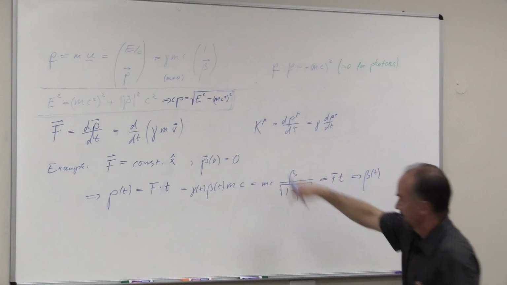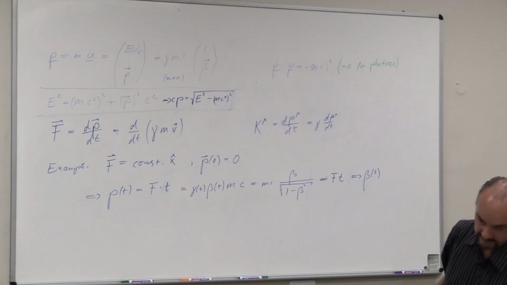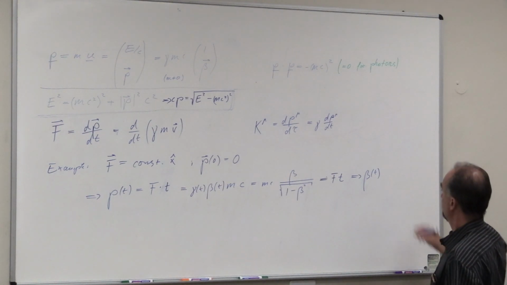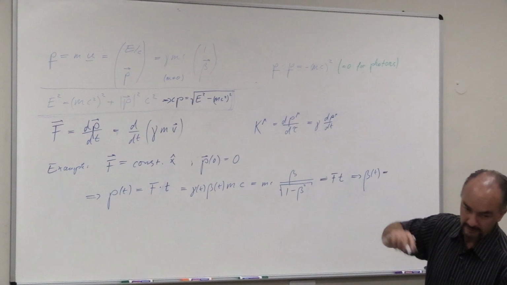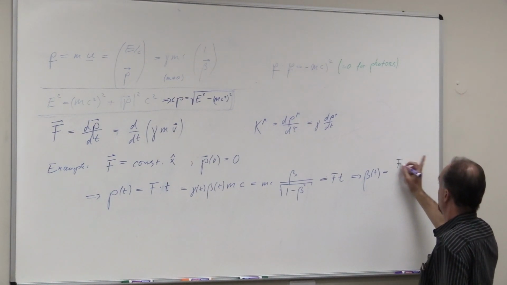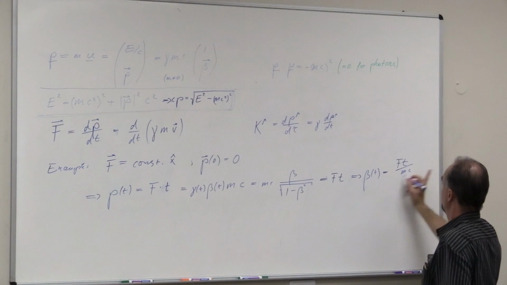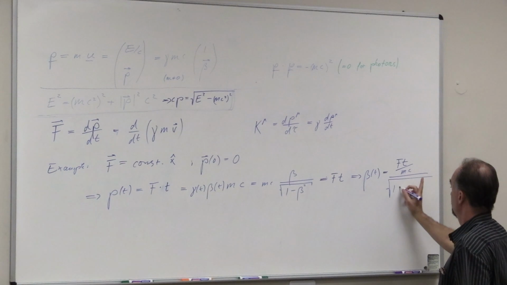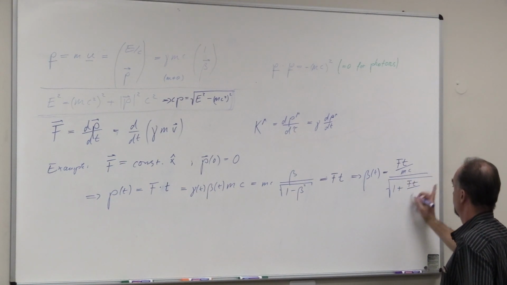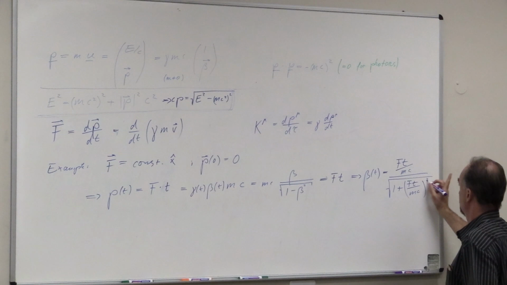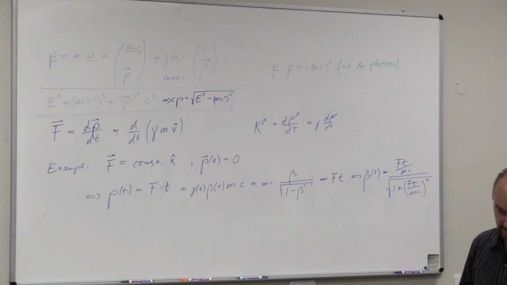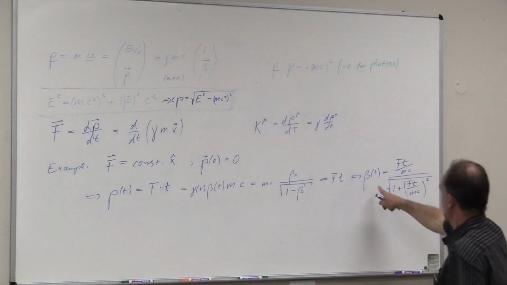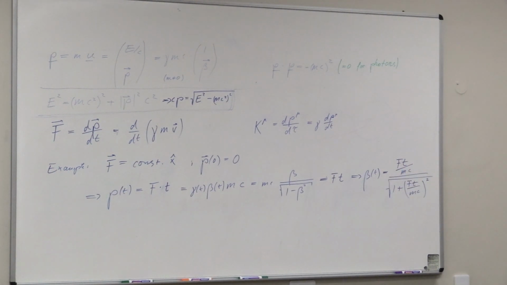Resolving this for beta gives Ft over mc over the square root of 1 plus (Ft over mc) squared. And then we have the velocity as a function of time.